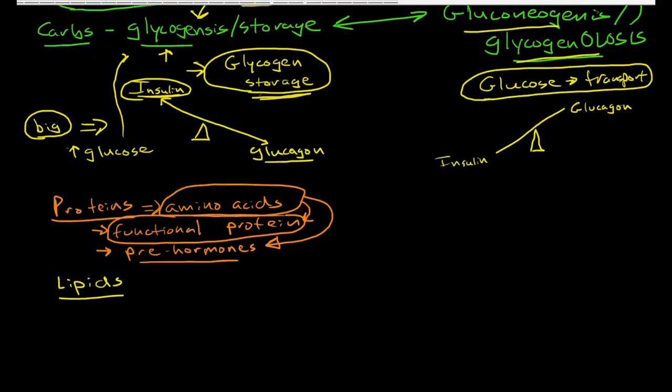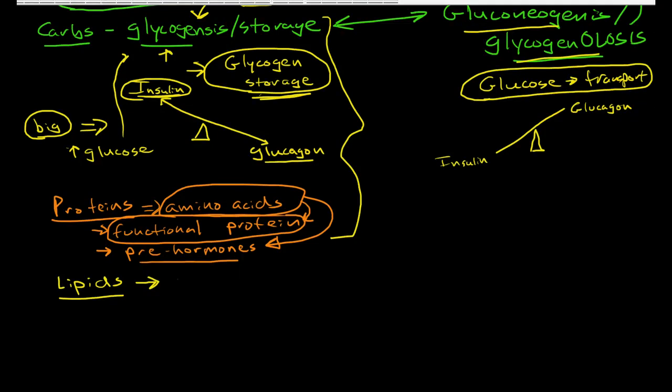Now, interestingly enough, all of the water-soluble nutrients, that includes carbohydrates and proteins, are absorbed into the bloodstream, into the portal system, and go directly to the liver. The lipids, on the other hand, are not absorbed into the bloodstream.